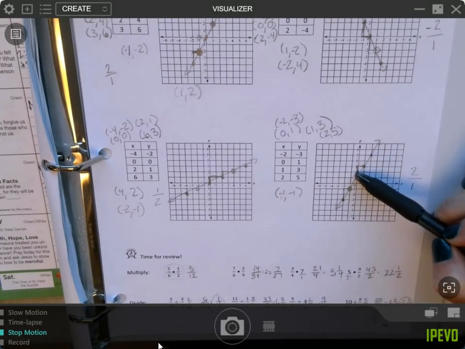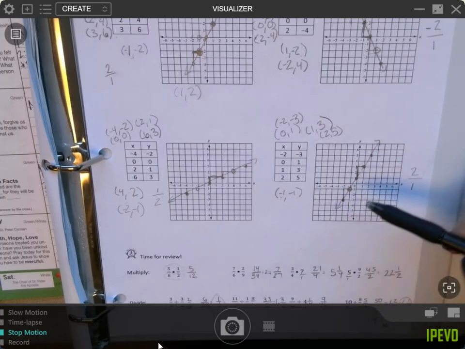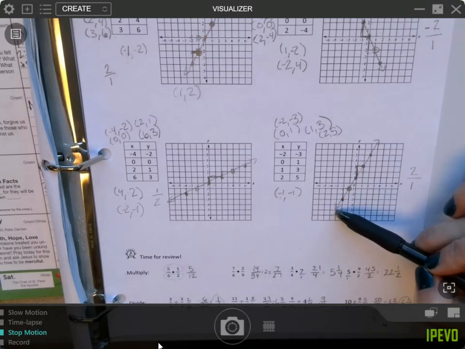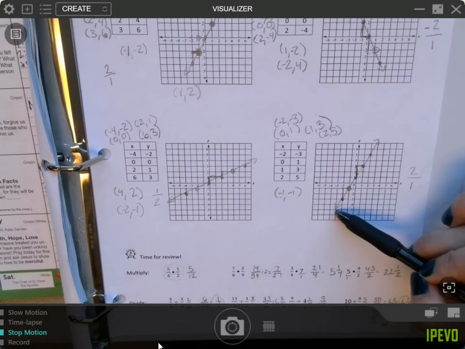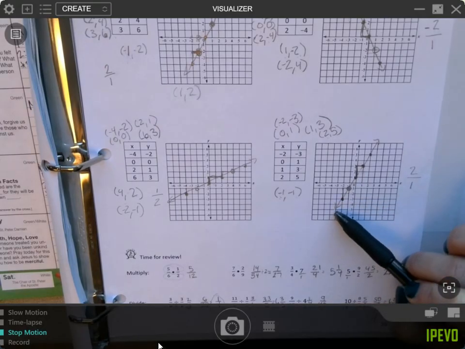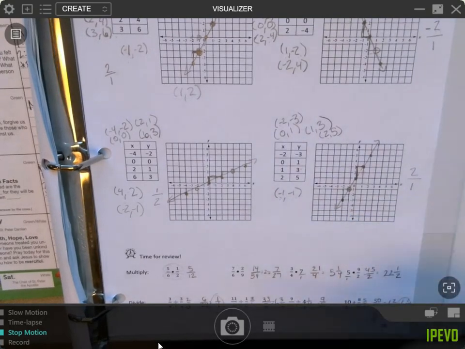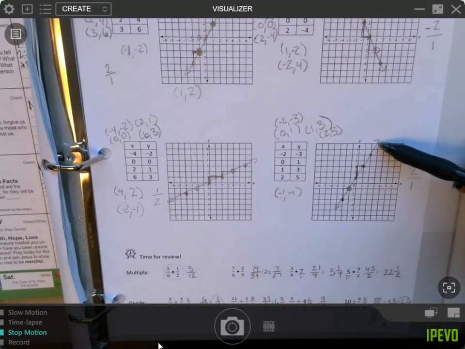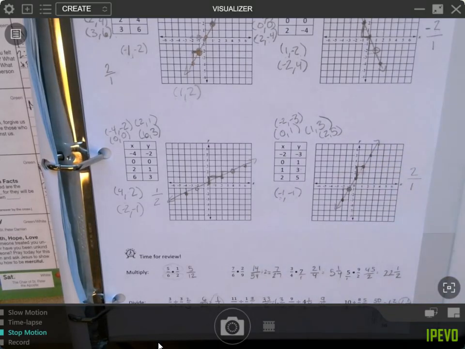All the other ones that are on this graph were on the line. We could have gone down this way and gotten -3, -5. We could have come up this way and gotten 3, 7. Is there any point that somebody has listed? You want to check to see if it works.